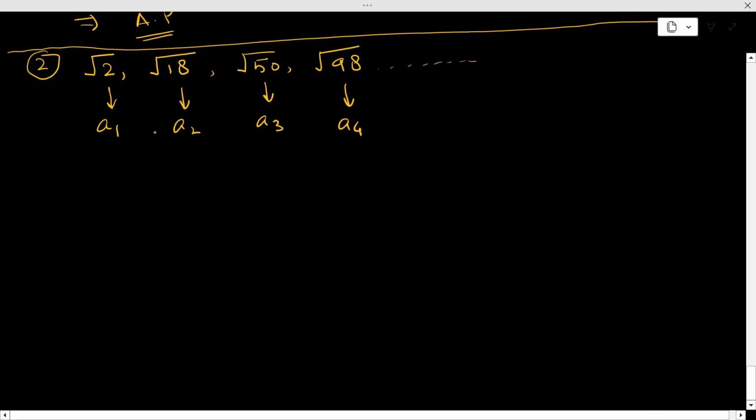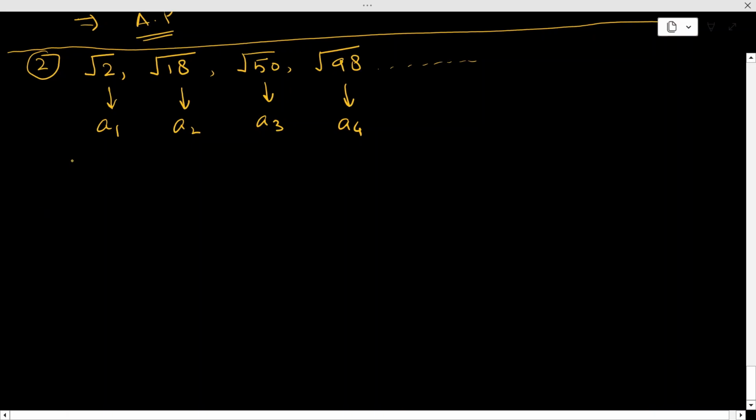Whenever we have this type of arrangement, such as square root of 2, square root of 18, most of the time we will try to break these numbers as a product of two numbers, out of which at least one is a perfect square.